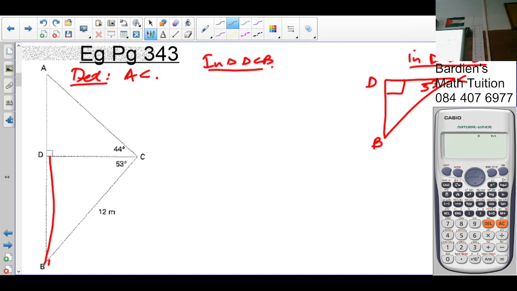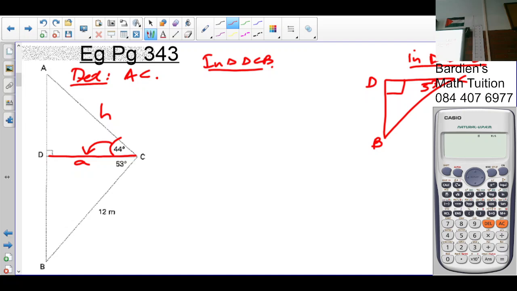Okay. We're going to calculate DC. If you calculated DC, then how is that going to help us? Then we will be able to go with adjacent and hypotenuse to calculate AC. Does it make sense?